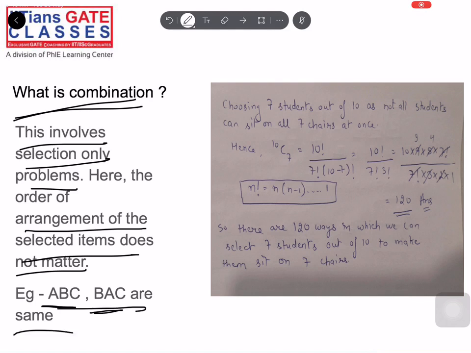I really don't care about the arrangement. What I need to make sure is that every time A, B, and C are selected. You can select them as BAC or CAB also. Everything is the same. So arrangement does not matter in these kinds of questions.